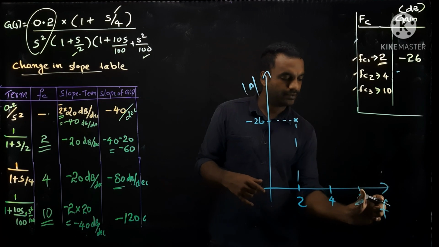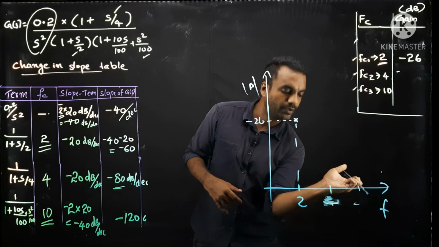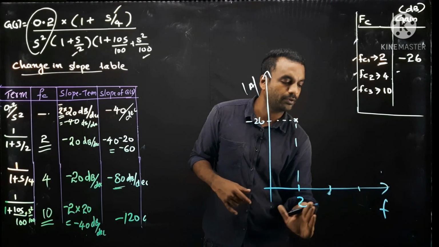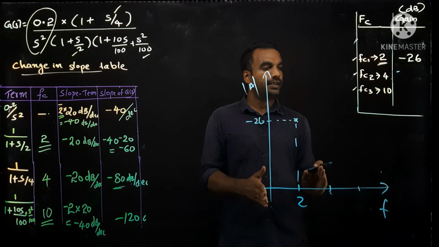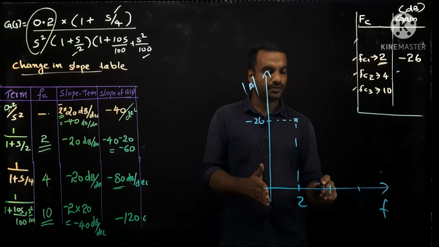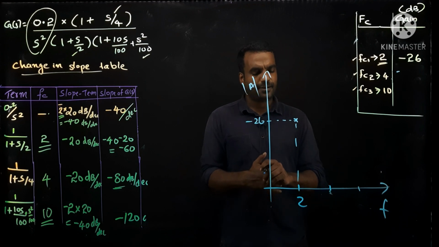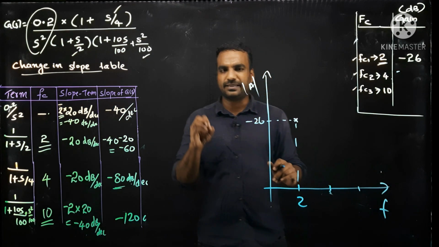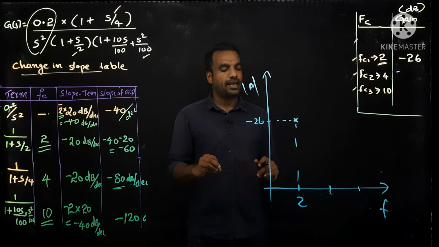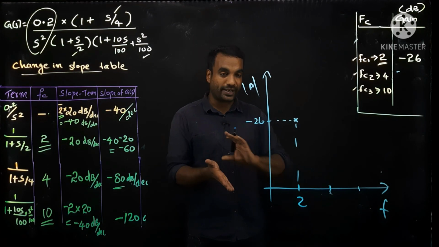You have to take the concept of decades. 0.2 is here, 20 will be here. Actually, in the x-axis there is a bit of complication. I will explain it by drawing it exactly.